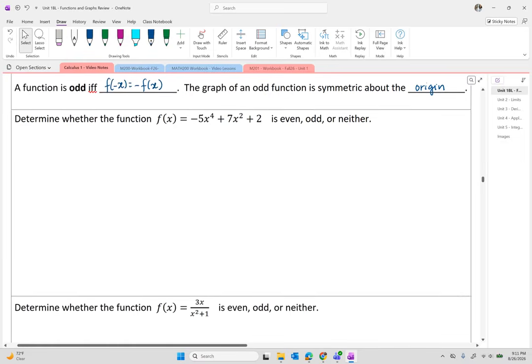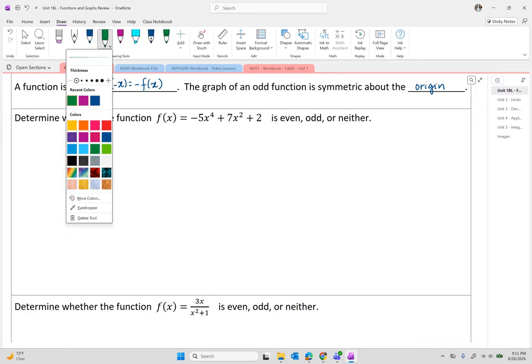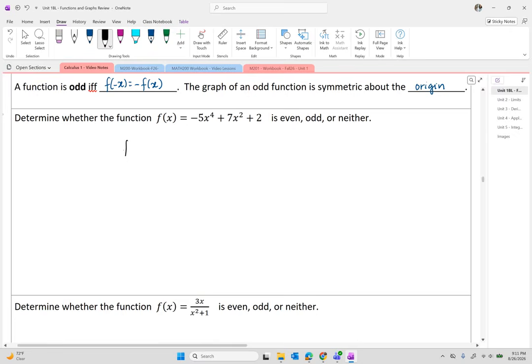So when they are asking us to algebraically determine if a function is odd or even, what we want to do is plug in negative x and find f of negative x. So f of negative x will be negative 5 times negative x to the fourth plus 7 times negative x squared plus 2.